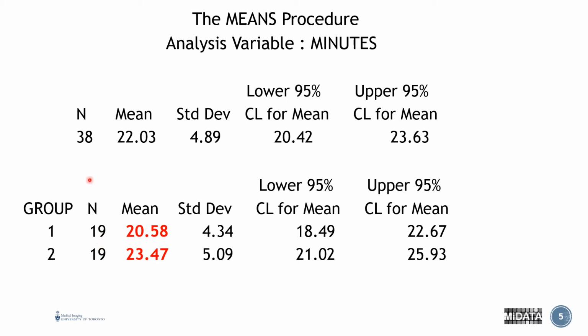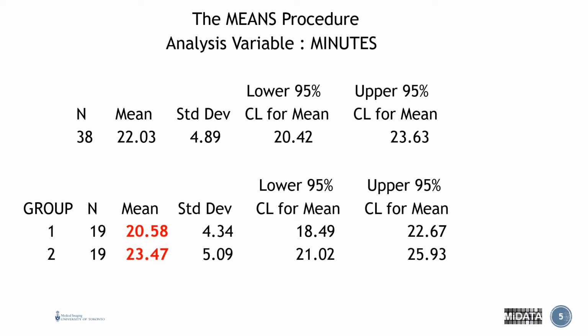And then when we look at the difference in the means from the 2 groups, we have group 1 and group 2. We have a mean of 20.6 for group 1 and a mean of 23.5 for group 2. So just looking at the means, we can see that group 2 has a higher mean time.